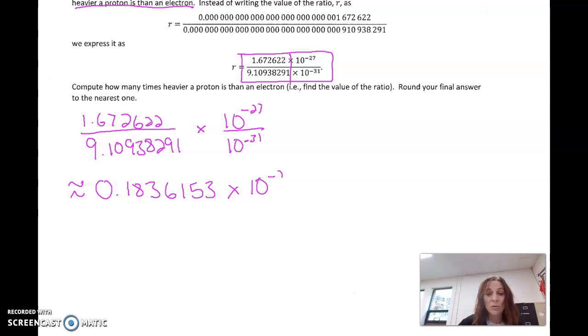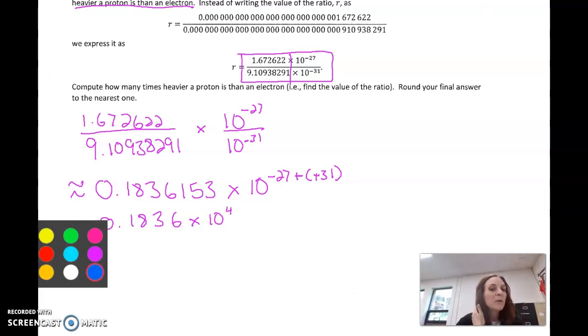It's dividing, so we're going to go negative 27 minus a negative 31. Okay, don't lose this negative, you're still subtracting them. Subtracting is the same thing as adding the opposite, or keep, change, change, and we get negative 27 plus 31, which is 4.